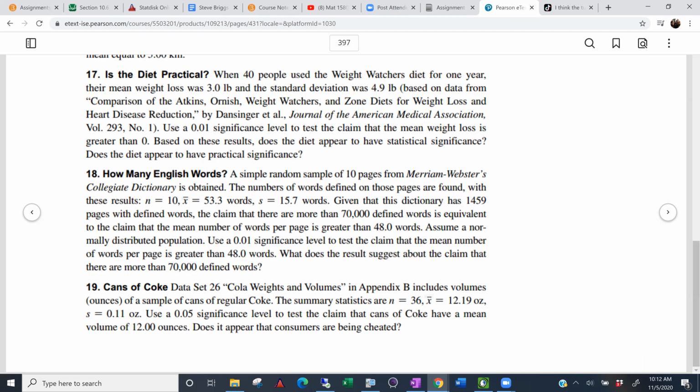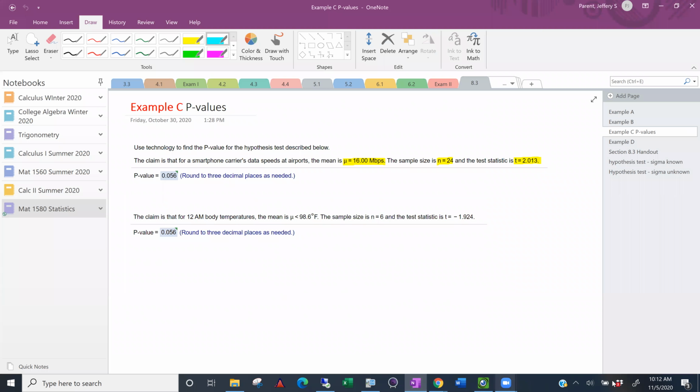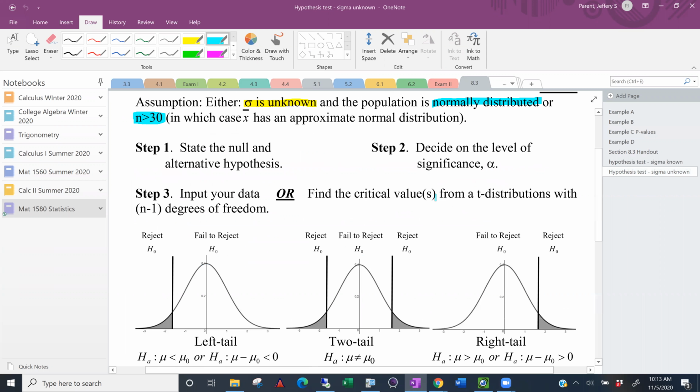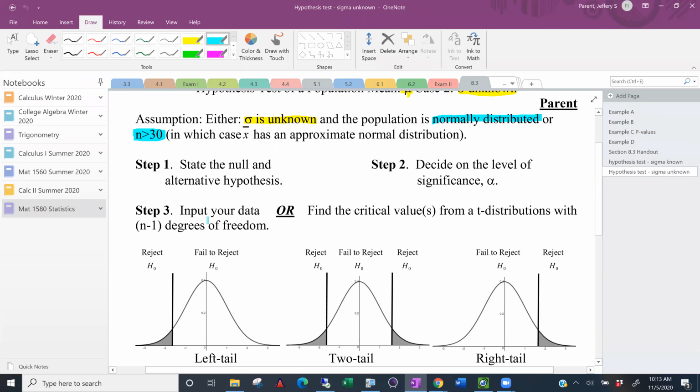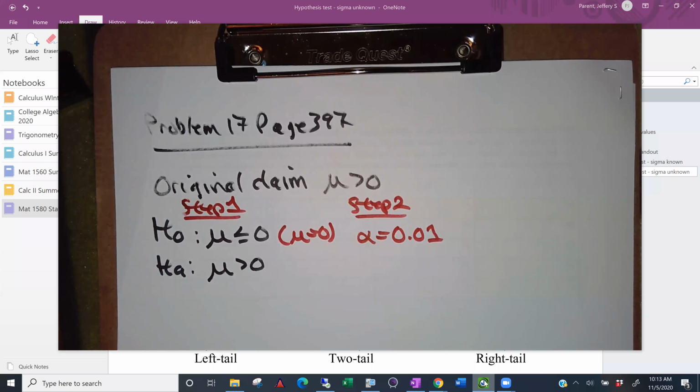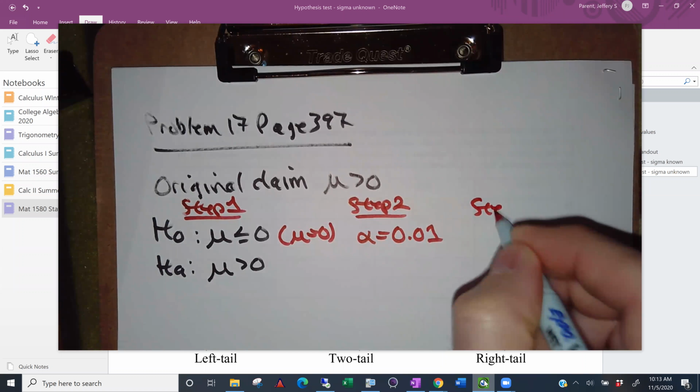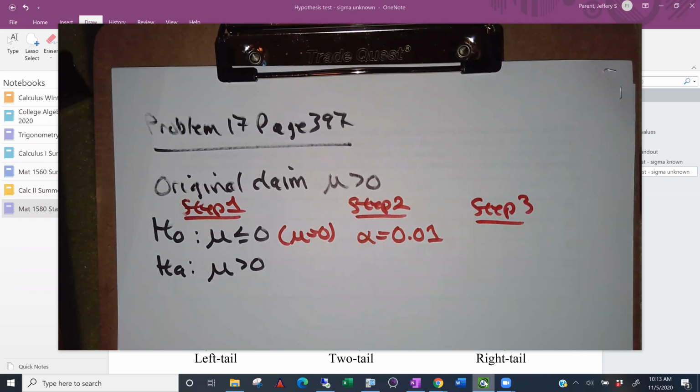For step 3, if we look back at our handout here, step 3 is going to be entering in our data. Now, the nice thing about this problem is that as far as inputting our data, we've got summary statistics. We don't have to type in a lot of data into StatDisk. So step 3, I'm just going to write down the summary statistics I need from this problem.